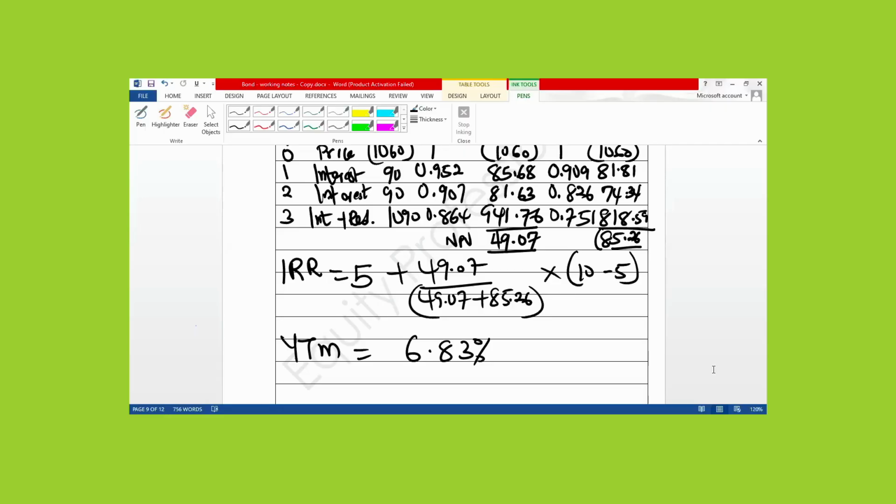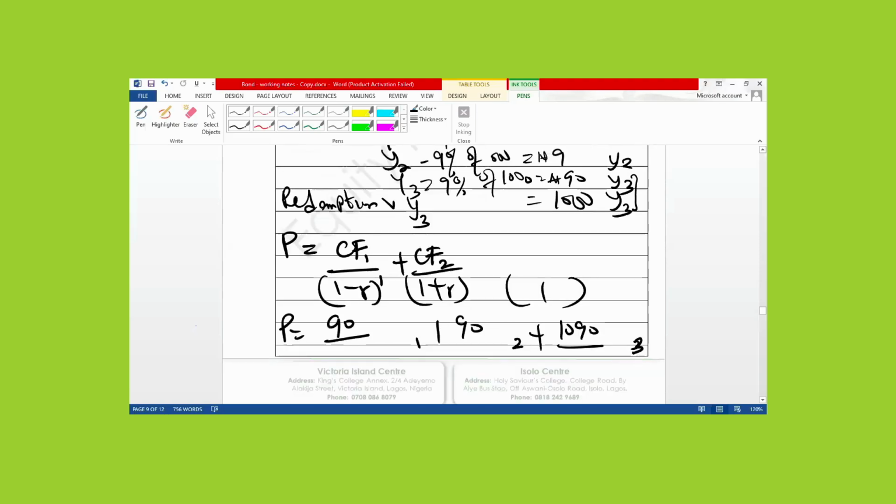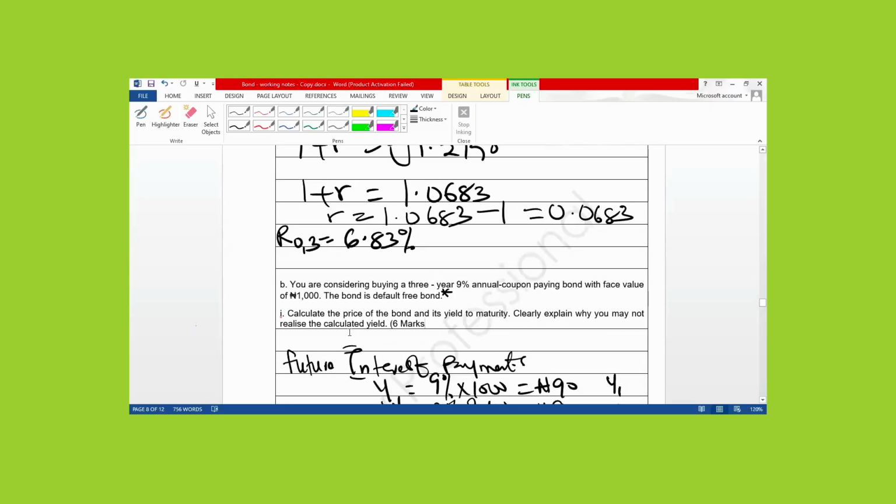So please, in the exam, calculate your information. Part of the question says we should explain why. The examiner says, calculate the price of the bond. You have done that. The price is 1,060 naira. Calculate the yield to maturity. We have done that. That is 6.83.